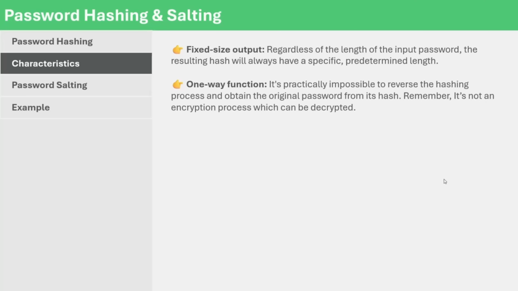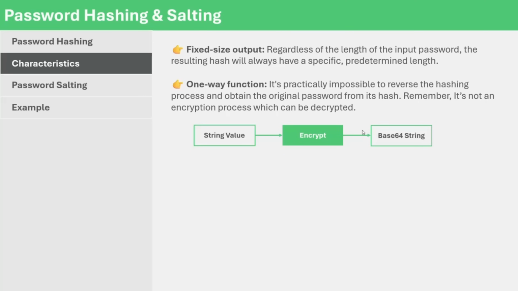Then hashing is a one-way function. It's practically impossible to reverse the hashing process and obtain the original password from its hash. So remember that hashing is not an encryption process which can be decrypted. When you encrypt a string, that encrypted string is again going to be a base 64 string, but that encrypted string can be decrypted back to its original value.